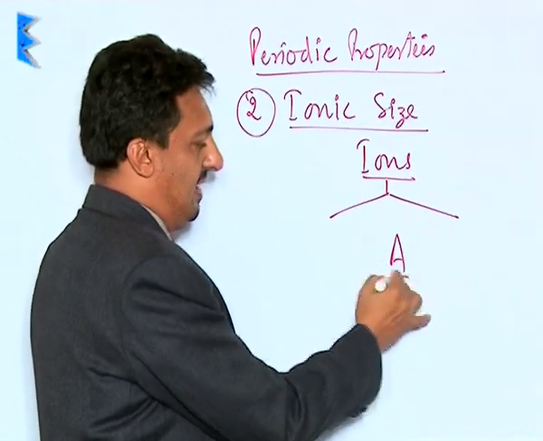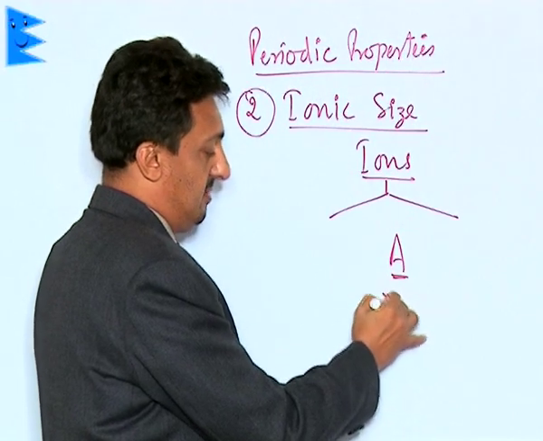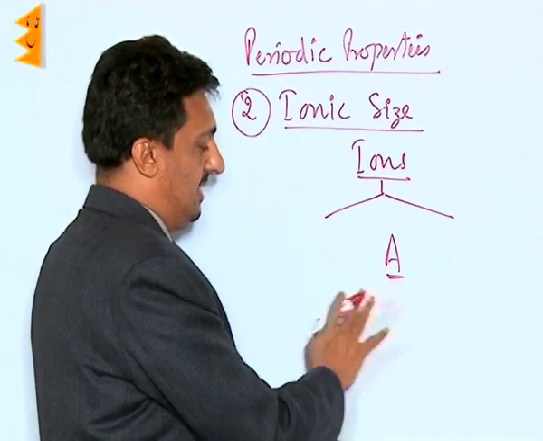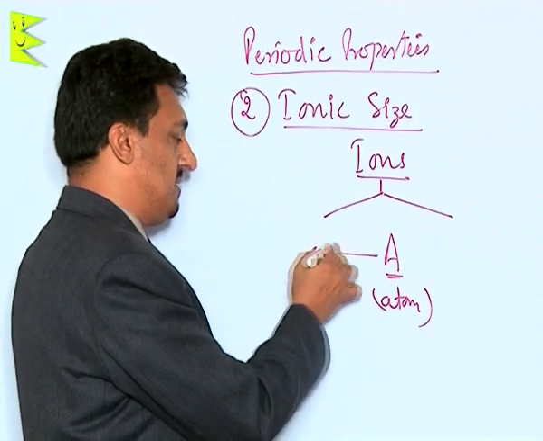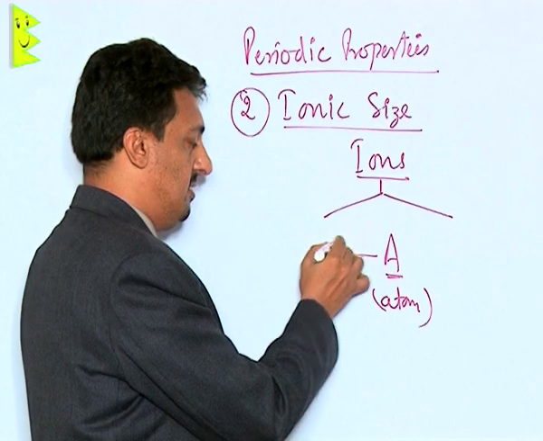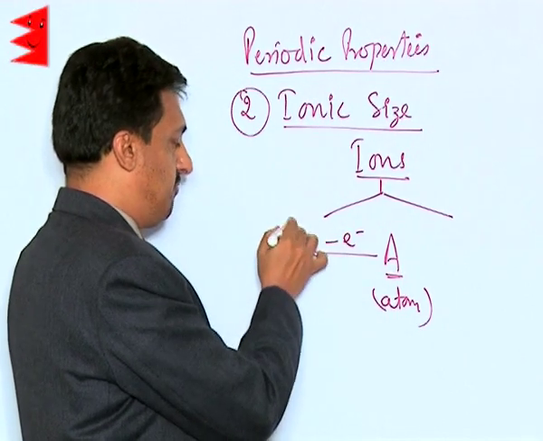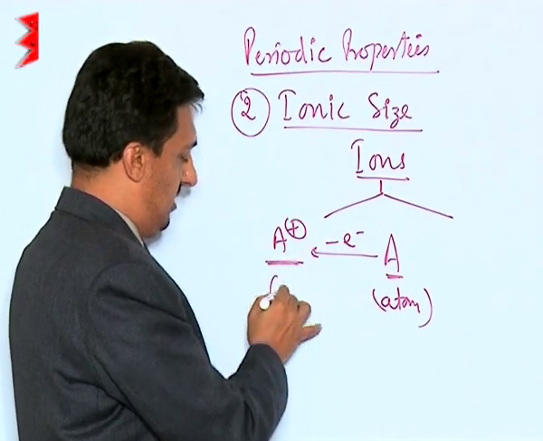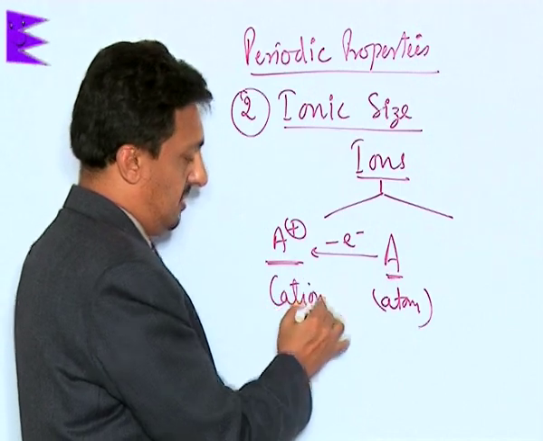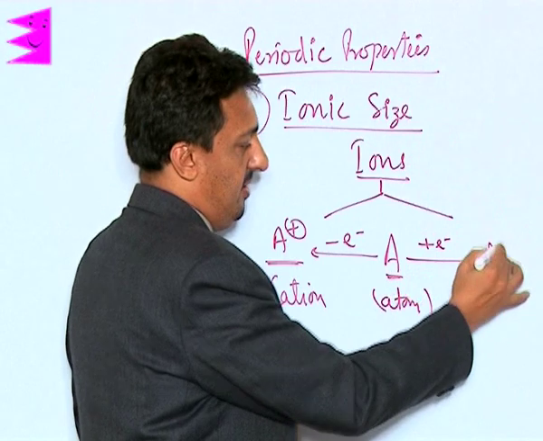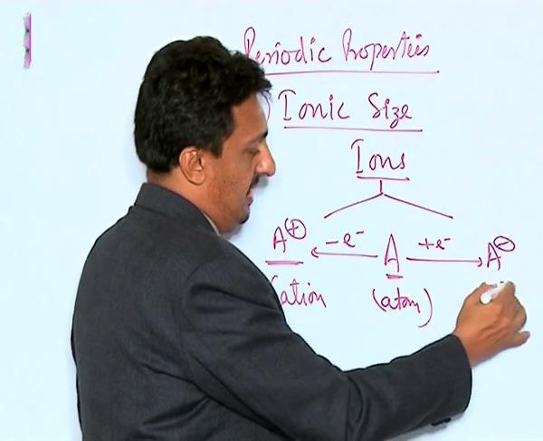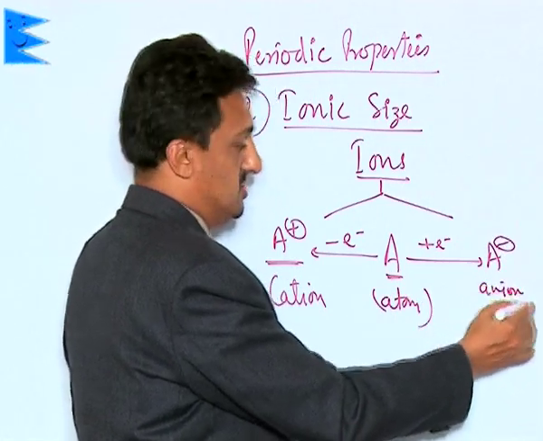If metal atom A, or you can assume any atom A, loses electrons, it becomes a positively charged ion, which is called a cation, and if it accepts electrons, it becomes a negatively charged ion, which is called an anion.